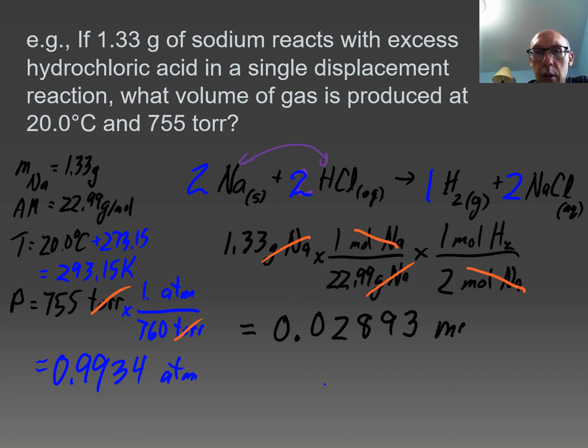That's moles of H2 gas. So I'm going to carry on to the next page, the moles of H2 gas, the pressure, and the temperature. I'm going to move on to the next slide in 3, 2, 1.